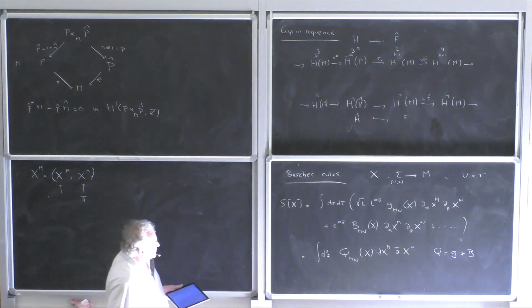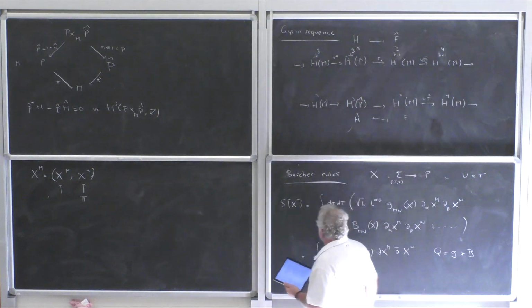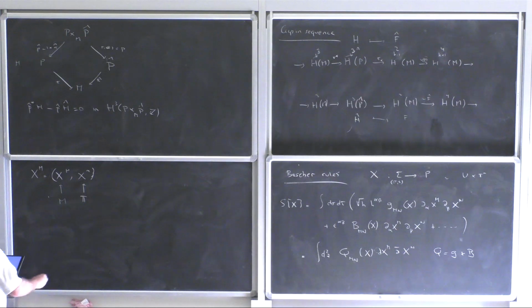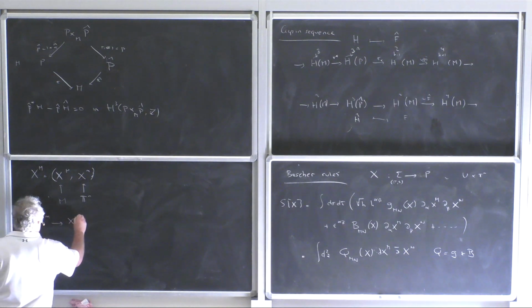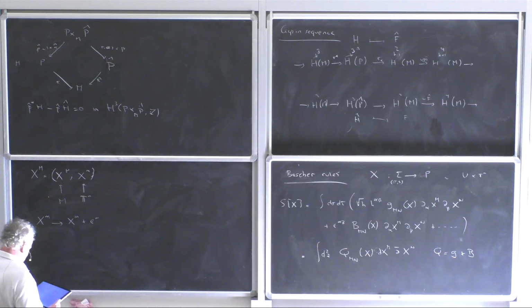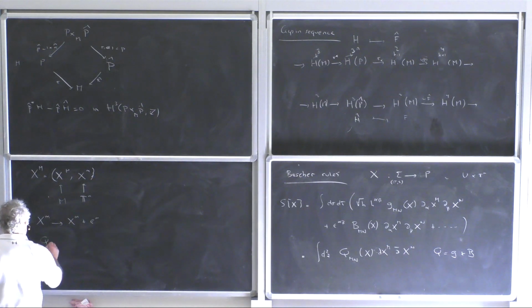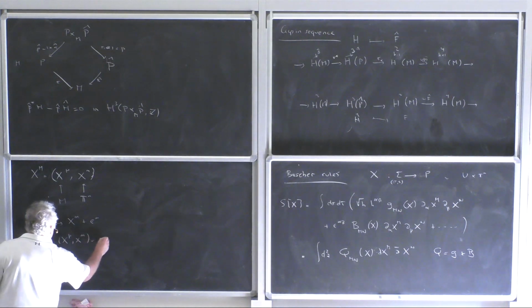I should not have called this m, maybe I should have called this p. But these are the coordinates along the base. And then my invariance is the statement that locally, under translations of x, this action is invariant. So that means that your Q only depends on coordinates on the base.